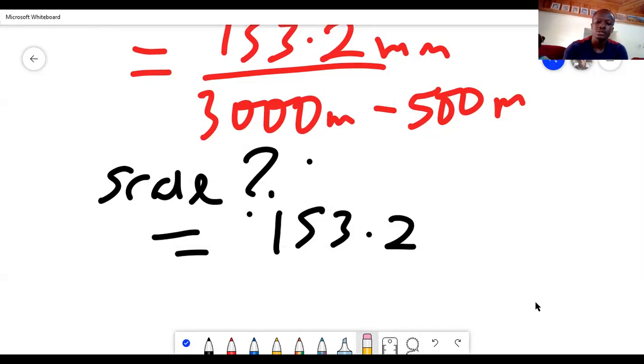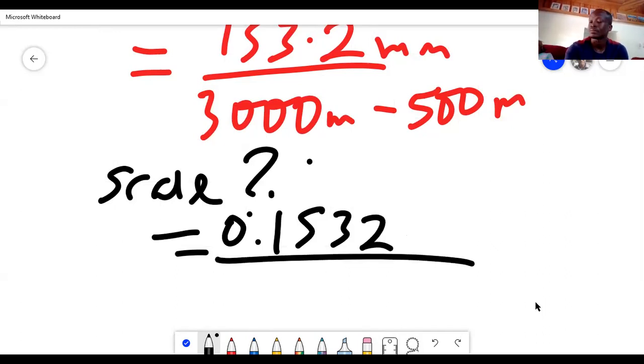That means we move the dots how many times? 3 times. 1, 2, 3. So the dots will be somewhere here. So 0.1532. Then we take off these dots. Okay. We can put a 2 here.